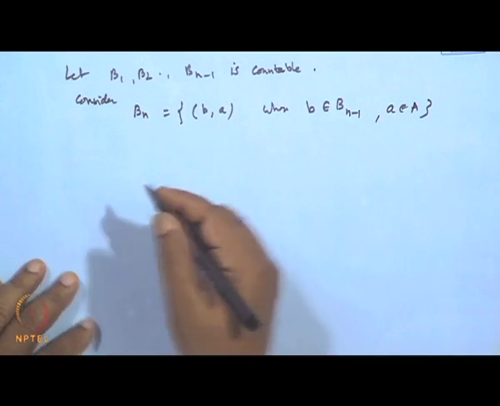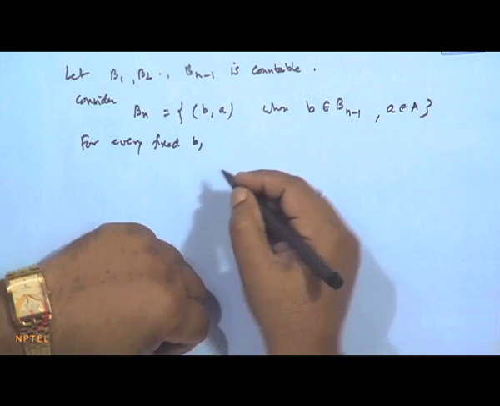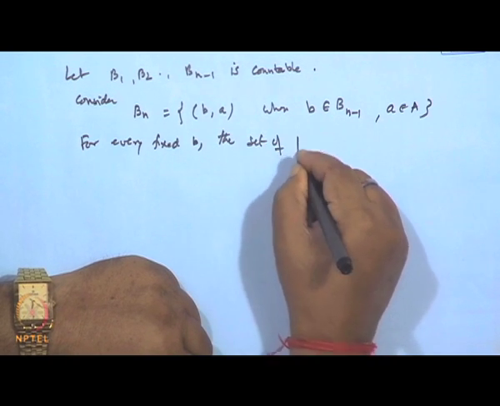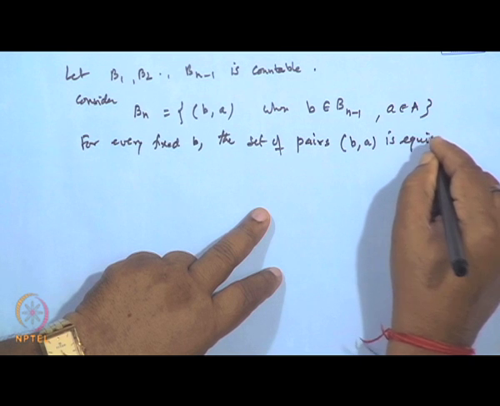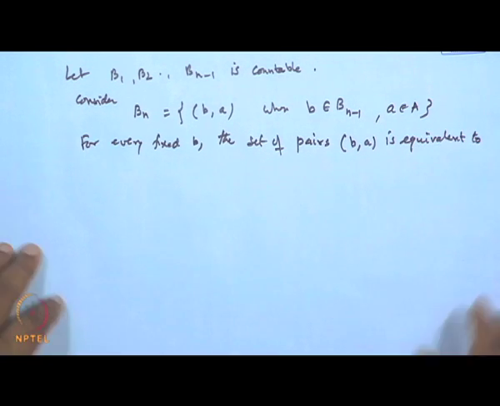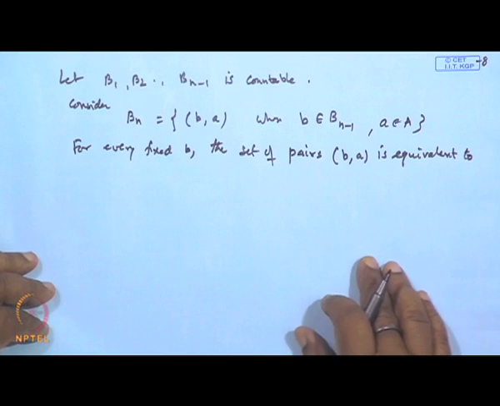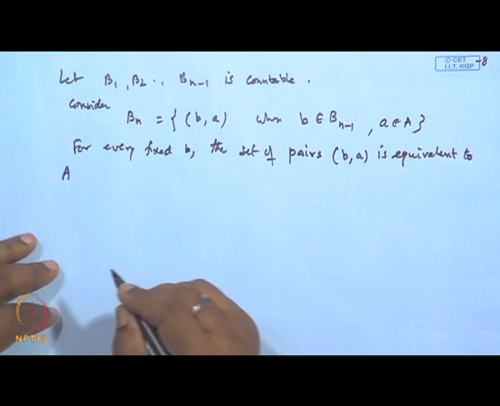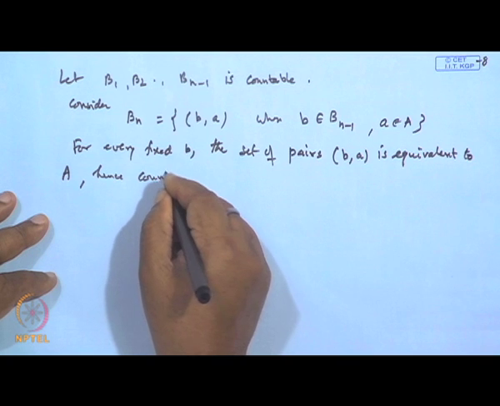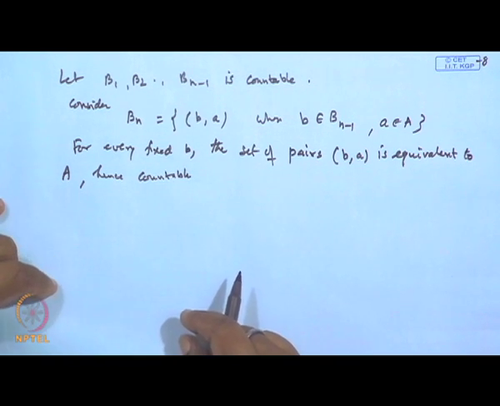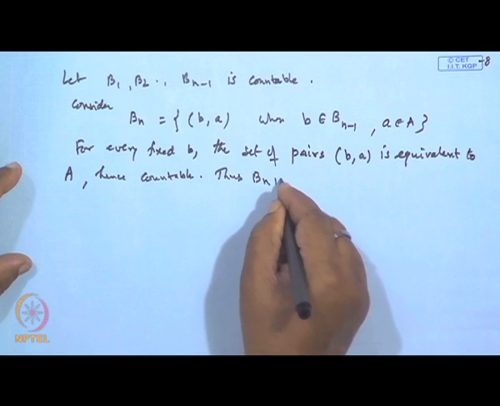So, for every fixed B, the set of pairs (B, A) is equivalent to A, but A is given to be countable, hence countable. So, thus B n is countable.